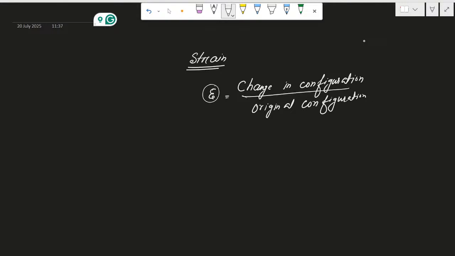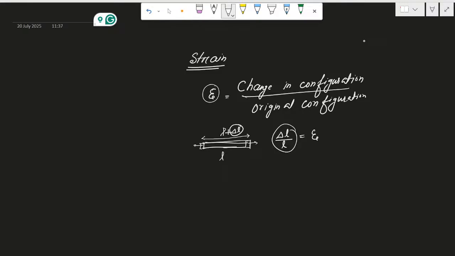Let me tell you very clearly: suppose you have a rod of length L and you apply tension force on both sides, so it gets elongated, having length L plus delta L. So what is the change? Delta L is the change. So delta L by the original length L is the strain in this case.